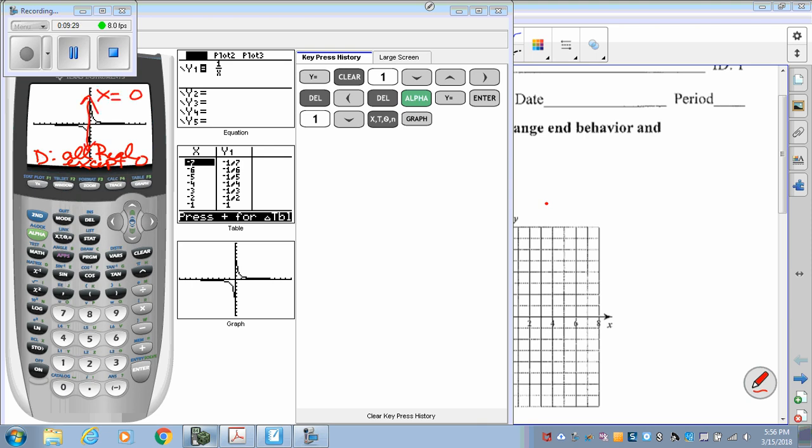X cannot equal 0. So all real except 0. If I write that with my interval notation, that would be going from negative infinity to 0, and then from 0 to positive infinity. And that's my domain.